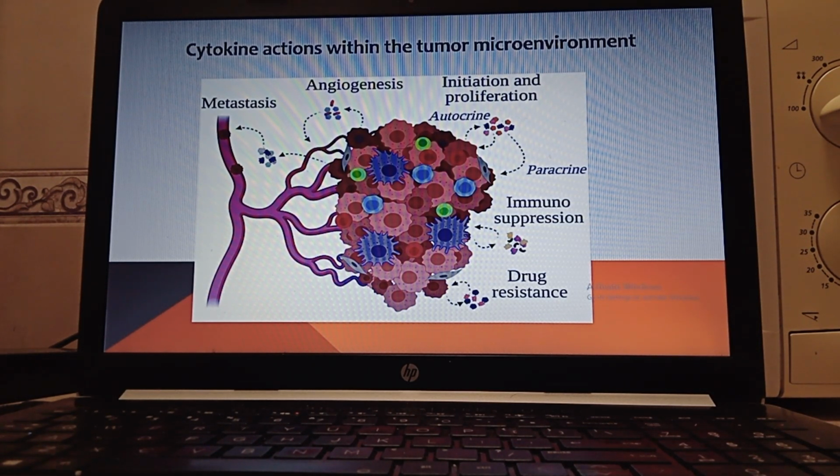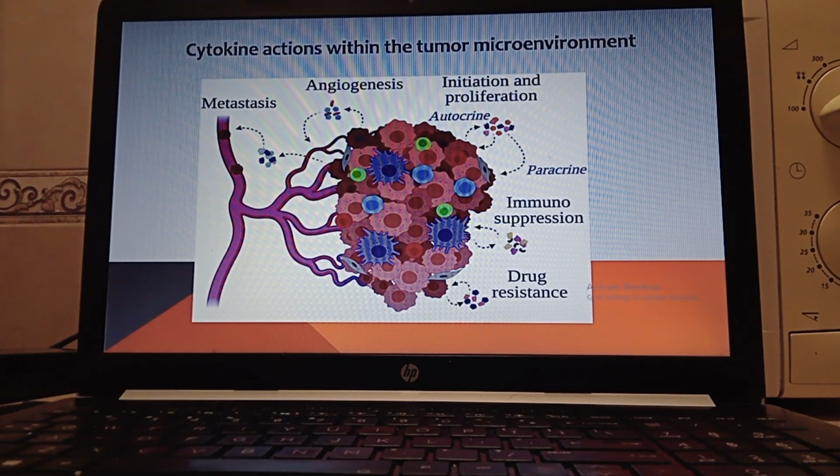Now, these cytokines may play one of two roles. They may promote tumorigenesis or cause initiation and proliferation of tumor cells themselves. They can cause immune suppression in the patient. They can cause drug resistance or medication resistance in that patient. They can also promote angiogenesis and eventually metastasis of tumor cells.